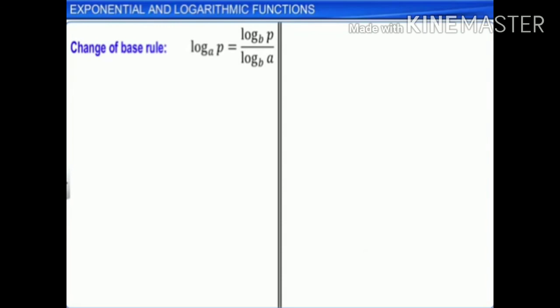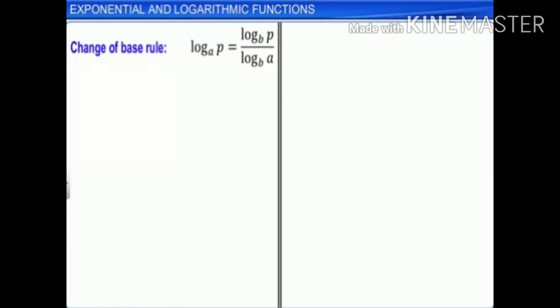Let's now see some important rules of logarithms. The change of base rule states that log p to base a is equal to log p to base b divided by log a to base b. Let's verify this.